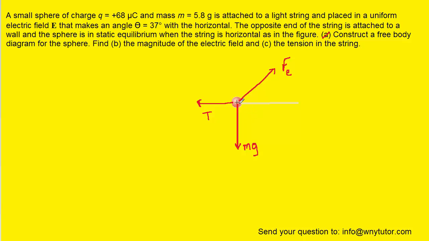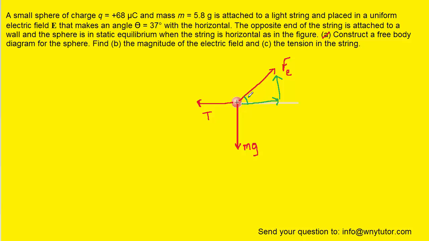Now, in order to proceed, what we have to do next is break the forces into their x and y components. We can see that the tension force is pointing exactly along the negative x direction, or the negative x-axis. And so that force actually is already broken into its x component. The gravitational force is pointing along the y-axis, and therefore it's already broken up into its y component. It's the electric force that really we have to do a little bit of work for, because we have to find both the x and the y component of the electric force.